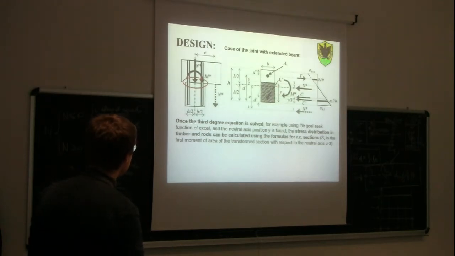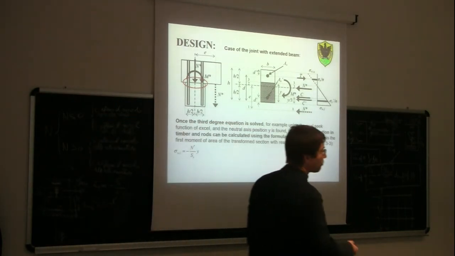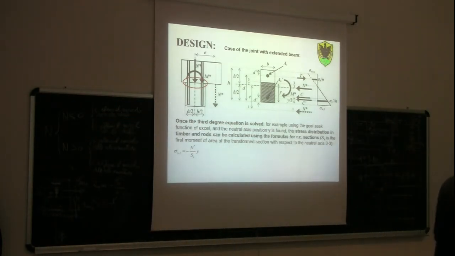For the stress distribution, just a reminder that we cannot use the principle of superposition. So in this case, we cannot say sigma equal to, let's say, N divided by A plus M divided by J times y, because it's a nonlinear problem.